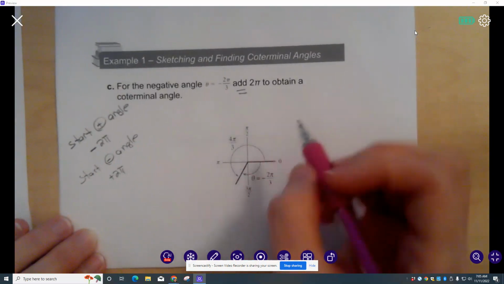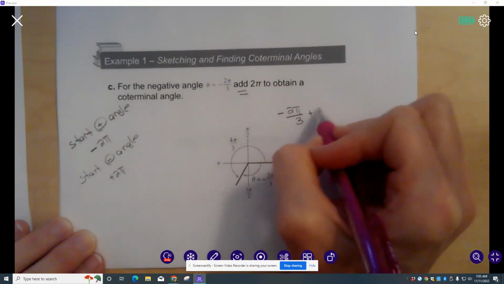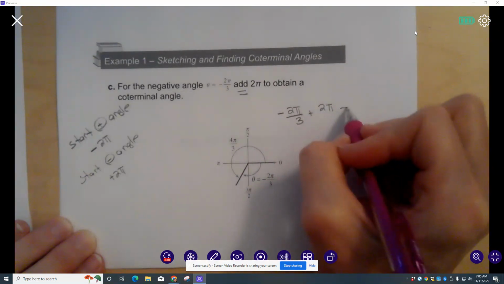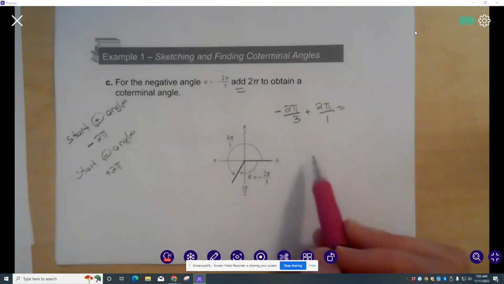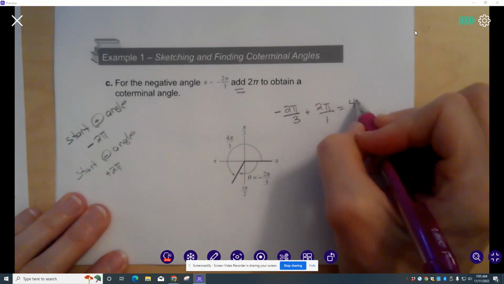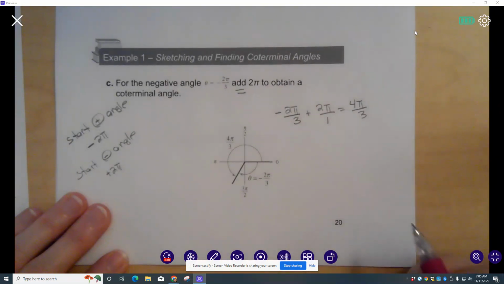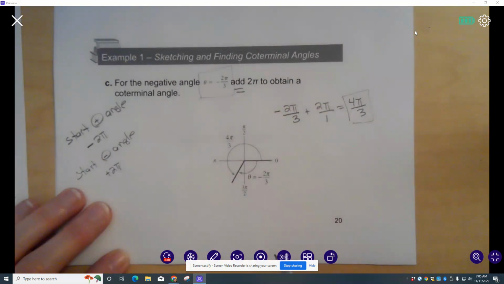So we have a negative angle here. So negative 2 pi over 3, we want to add 2 pi. Again, this would be possibly a non-calculator, so make sure you can find that common denominator and do that addition. What you get here is 4 pi over 3. So 4 pi over 3 and negative 2 pi over 3 are coterminal.